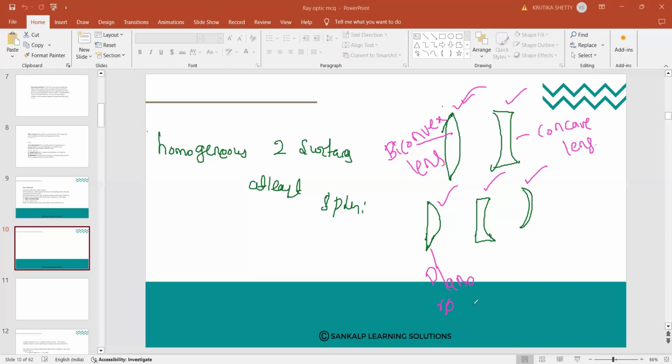And this one is the plano concave lens. And this one is the concavo convex lens.